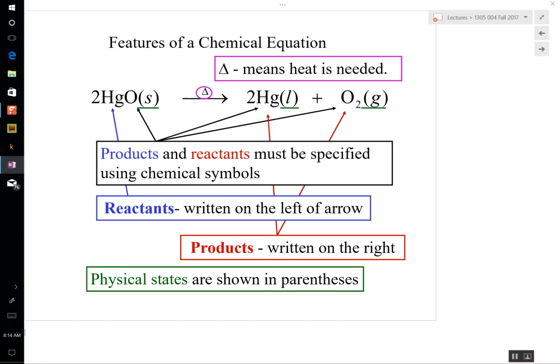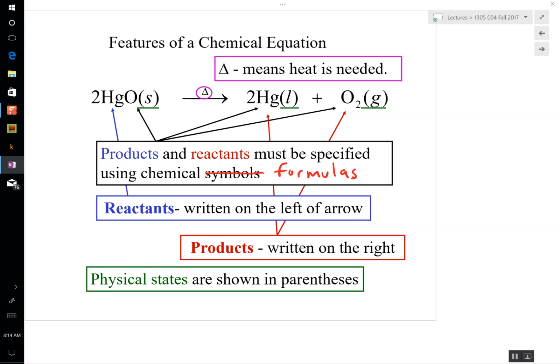Products and reactants must be specified using the proper chemical symbols, and proper chemical formulas would be probably the better way of putting that. You have to have the correct formulas for products and reactants.